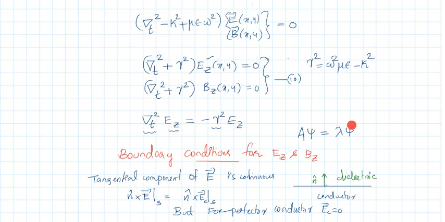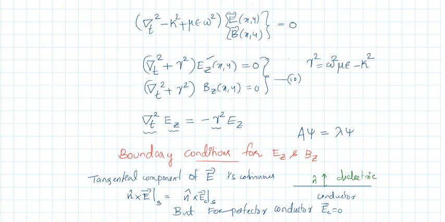If you have a problem like this, it is called an eigenvalue problem. So this is an eigenvalue problem. The operator is del t square, the corresponding eigenvalue is minus gamma square, and this Ez is the eigenfunction. So we can solve this eigenvalue problem subjected to some boundary conditions. Also, we can solve the eigenvalue problem for Bz subjected to some boundary conditions.